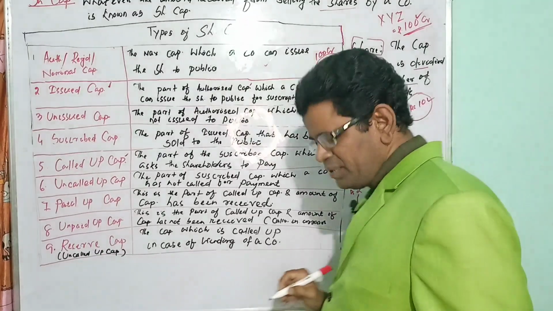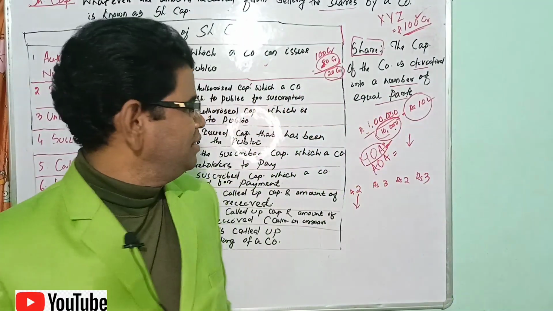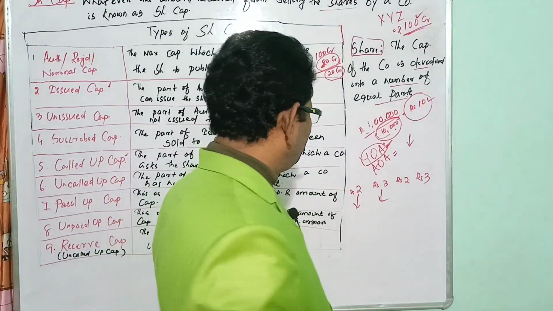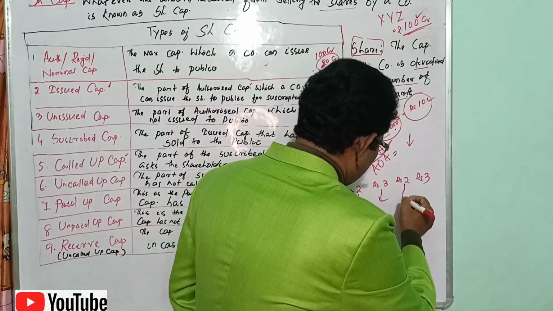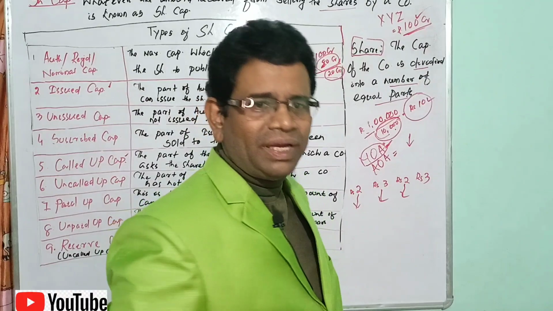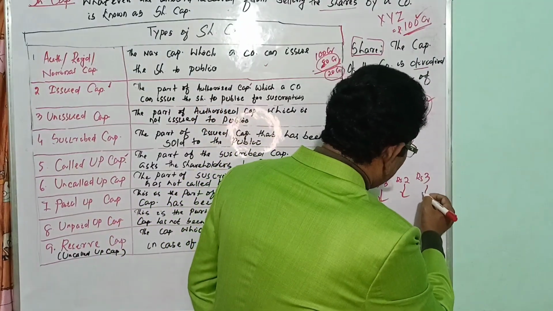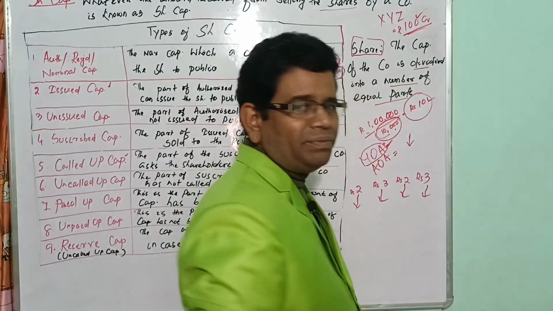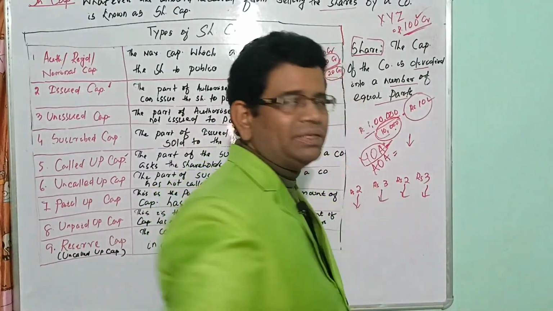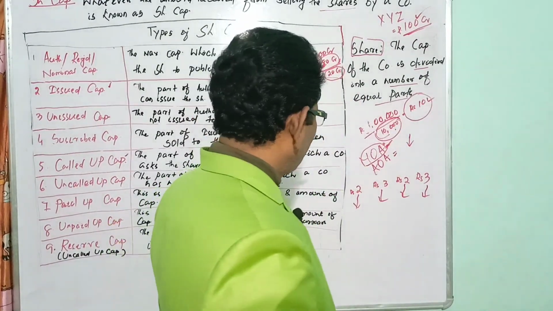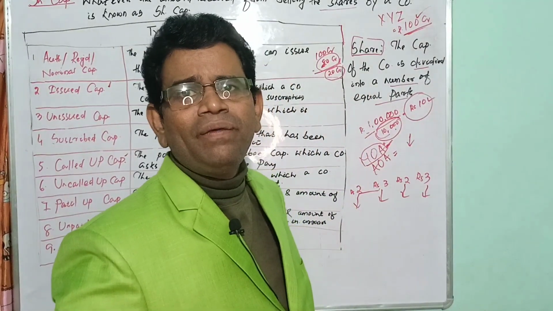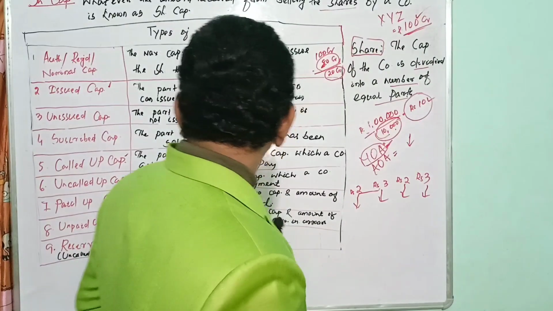So the first 2 rupees will be the application money, and the second 3 rupees will be the allotment call. The next 2 rupees will be the first call, and the last 3 rupees will be treated as the second and final call. So as per the requirements of the company, the capital will be called from the shareholders.